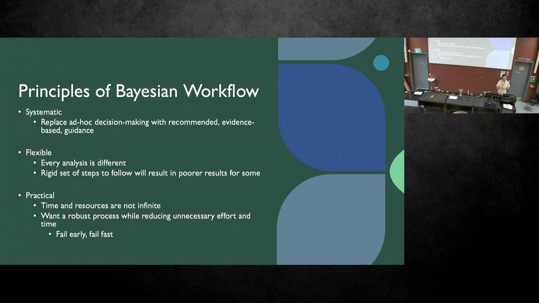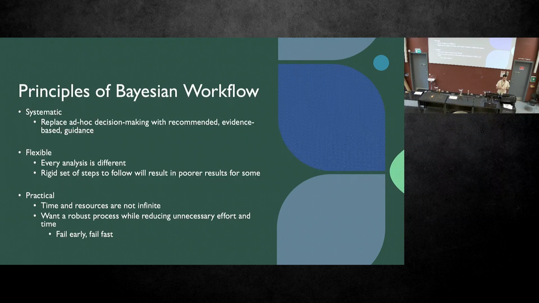So your time and your resources are not infinite. While you can follow a process that can get you to the best possible model, we want you to get to the model as soon as possible. We don't want this to be months of iterating, testing, coming back and forth. It has to be a robust but yet practical process.